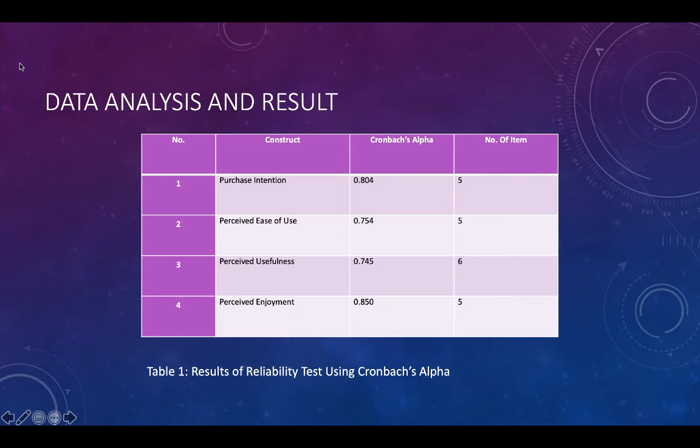The result shows that there are 2 independent variables significant at 0.75, which are perceived ease of use and perceived usefulness, whereas another 2 variables have a pretty good result, whereby it shows the reliability at 0.8 for purchase intention and 0.85 for perceived enjoyment.